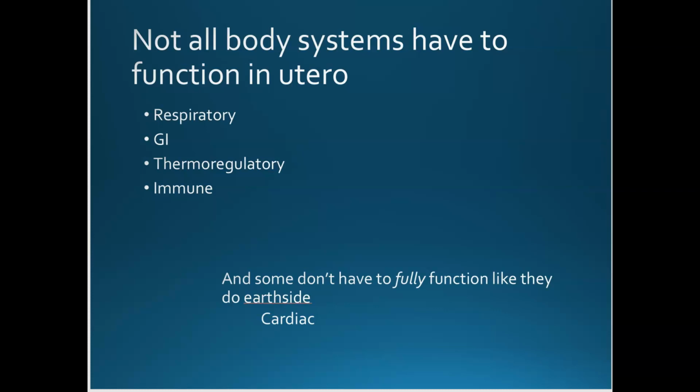Baby is only exposed to foreign substances through mom, and mom's immune system is fighting off those substances before they, not that they can't affect baby, but baby's immune system doesn't have to fight those off. And then we have, for instance, cardiac. The cardiac system does function in utero, but it doesn't have to function the way it does after baby's born. So if we keep especially those 5 body systems in mind, that is where a lot of our normal, or I would say common, newborn issues stem from.